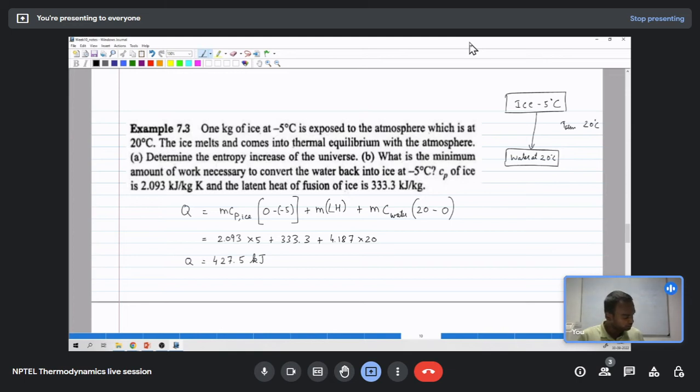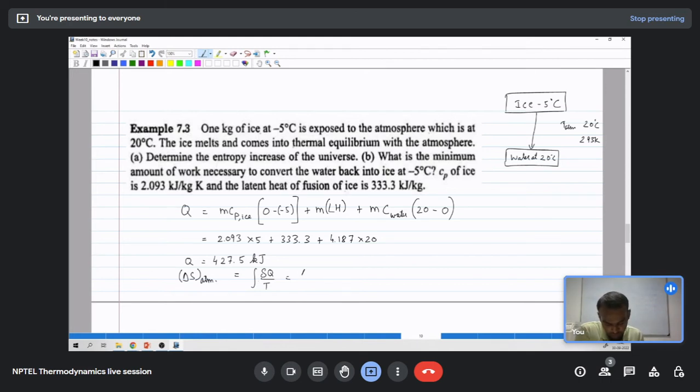To calculate the entropy increase of the atmosphere, it is fairly simple. Delta S of the atmosphere is equal to integral del Q by T. The atmosphere is staying at a constant temperature of 20 degrees Celsius or 293 Kelvin.